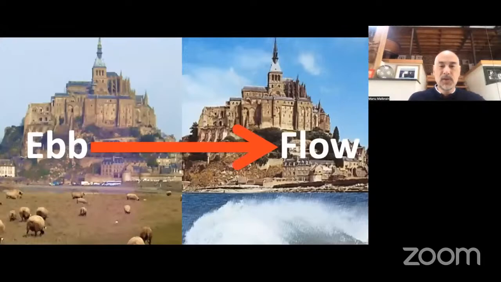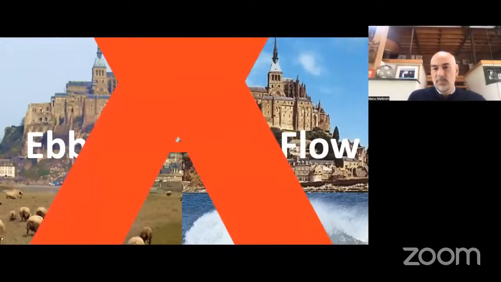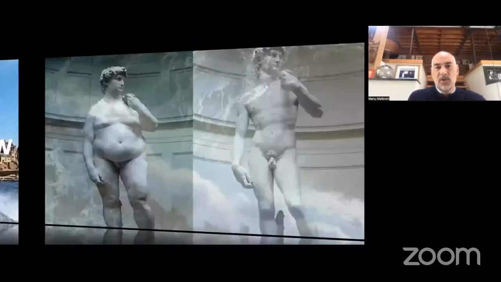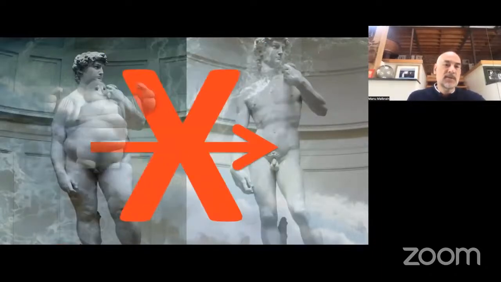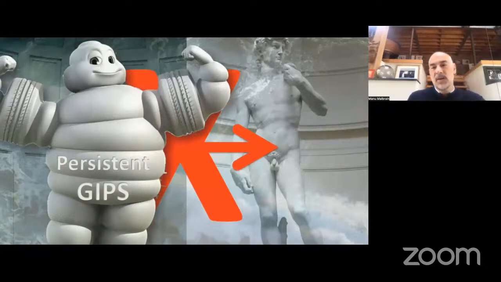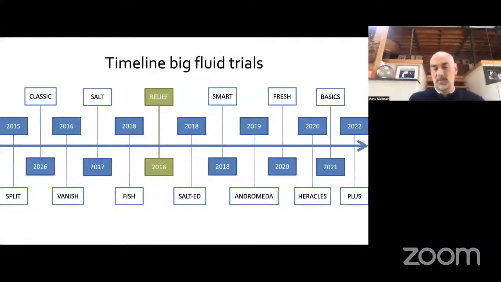When there is no spontaneous transition from the ebb to the flow phase, and this is Mont Saint-Michel in France at low and high tide, and the flow phase is what you see after tubular necrosis, you have the polyuric phase. So if the patient is not peeing normally and is not evacuating the excess of fluids, so is remaining in the ebb phase of shock and not transitioning to the flow phase. So this is the persistent global increased permeability syndrome.